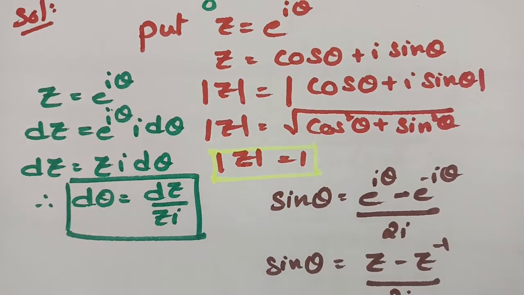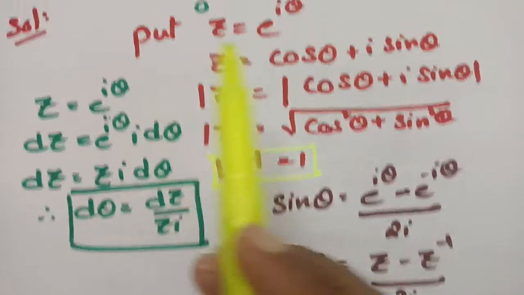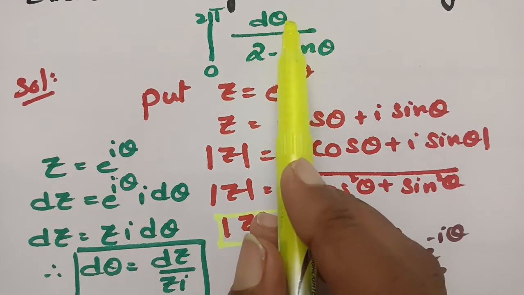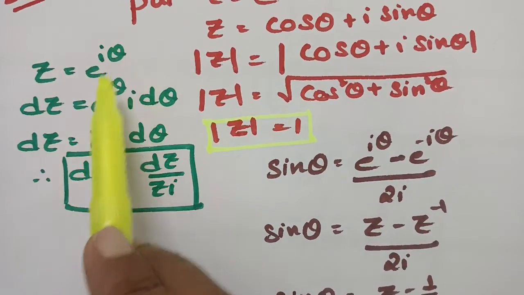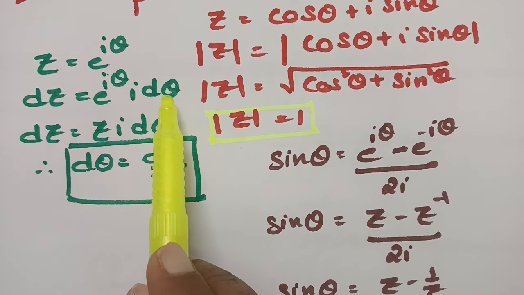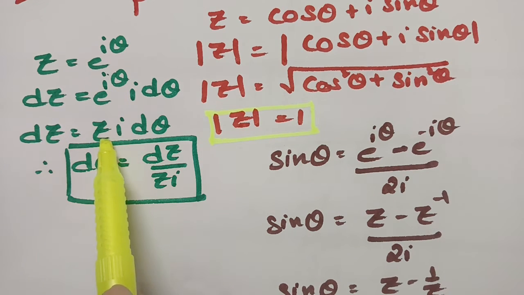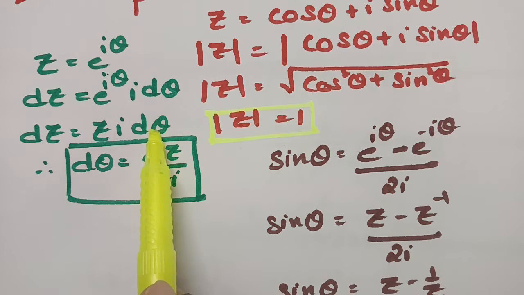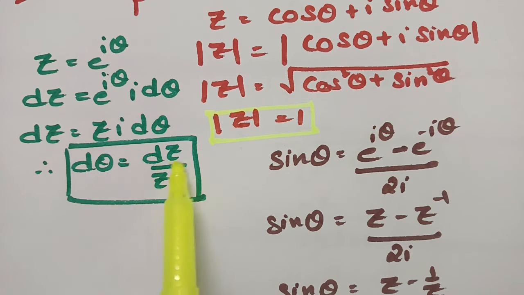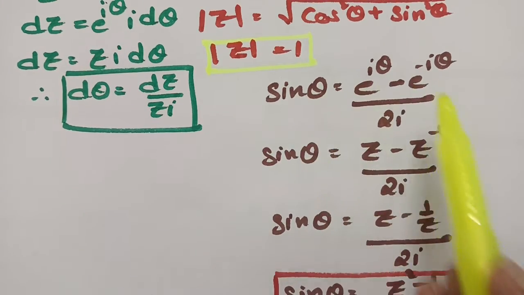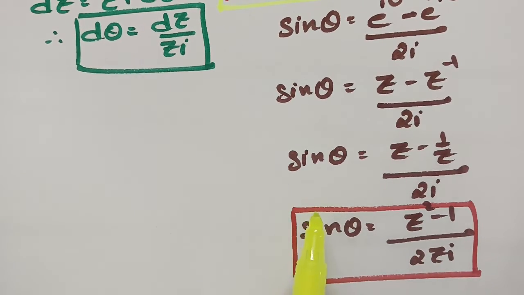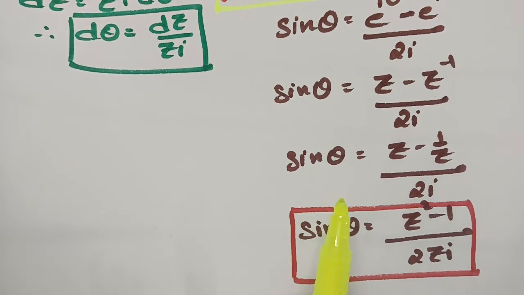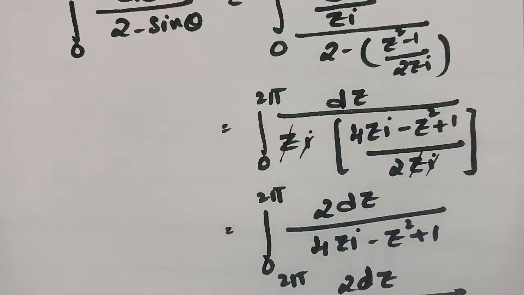It is a circle with center 0 and radius 1. And again we need d theta value. For finding d theta, z is equal to e power i theta, dz is equal to e power i theta into i into d theta, dz is equal to z i d theta. D theta is equal to dz by zi. So sin theta value also we got like this. So every value we got and we are going to substitute here.